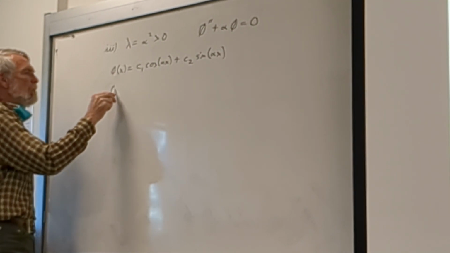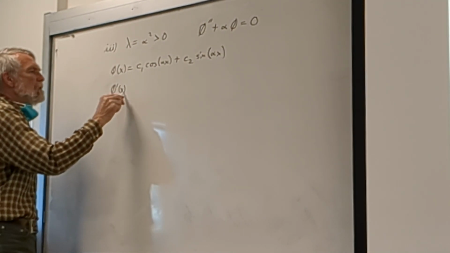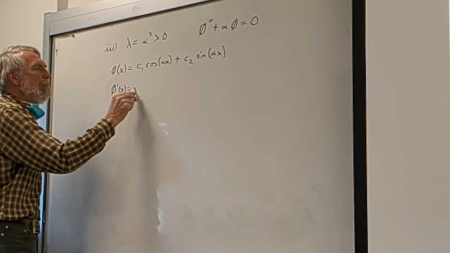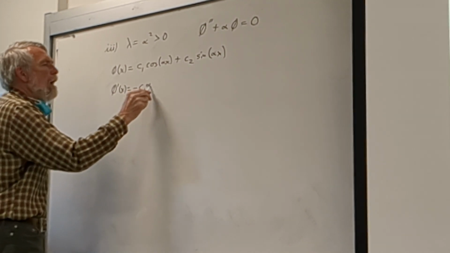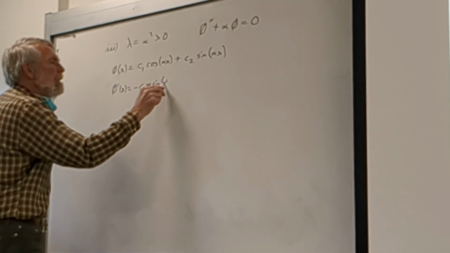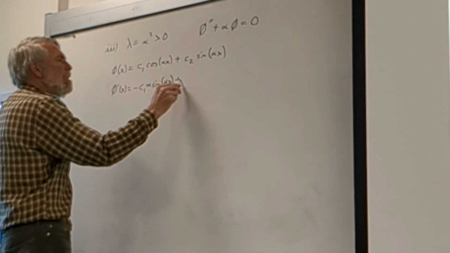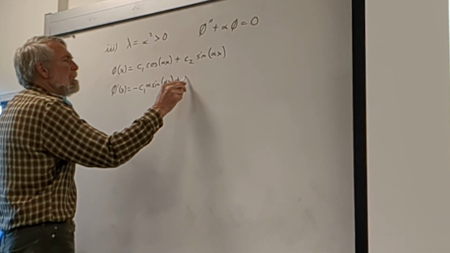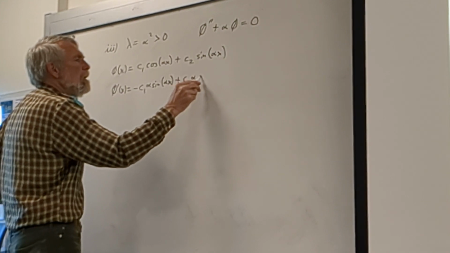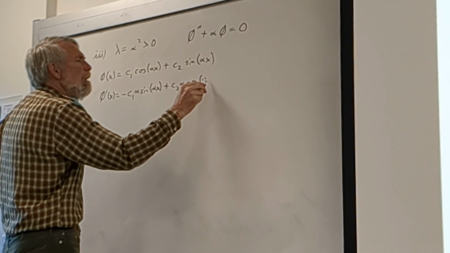Let's go ahead and do the derivative. Phi prime of x is going to be equal to minus C1 alpha sine alpha x plus C2 alpha cosine of alpha x.